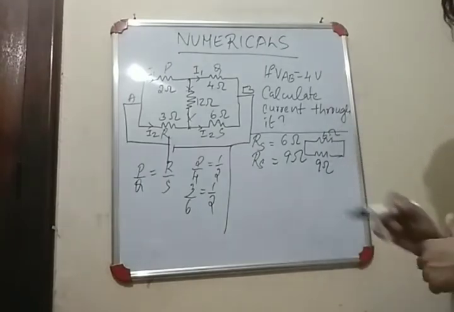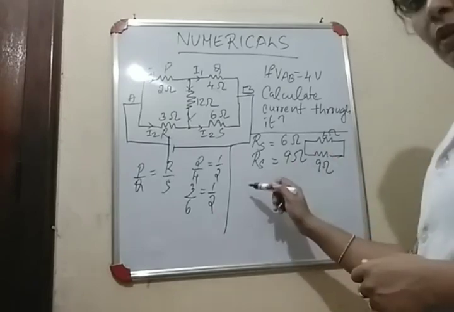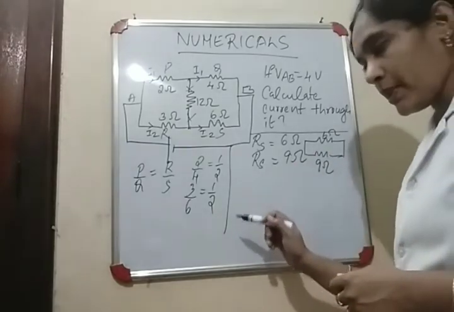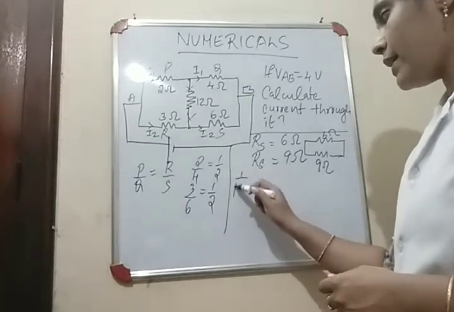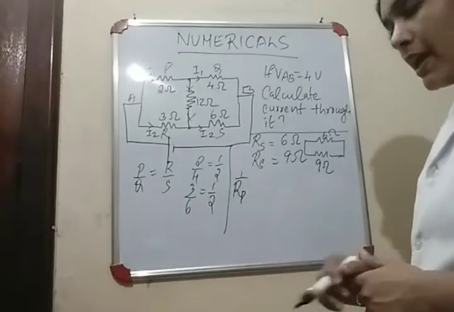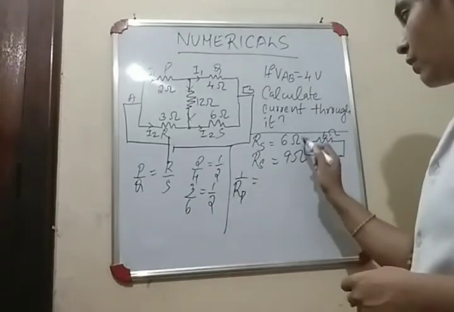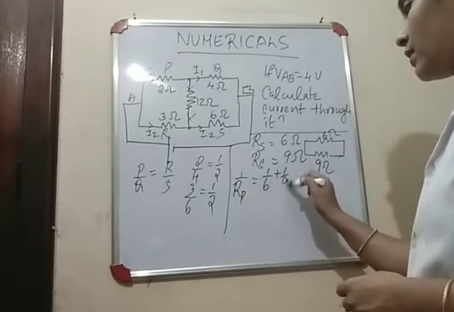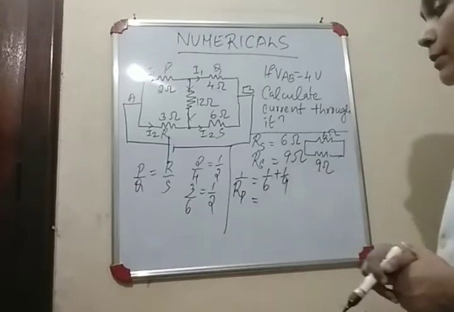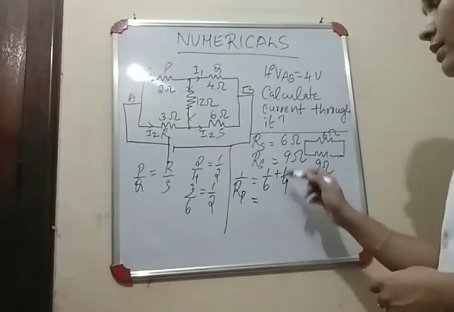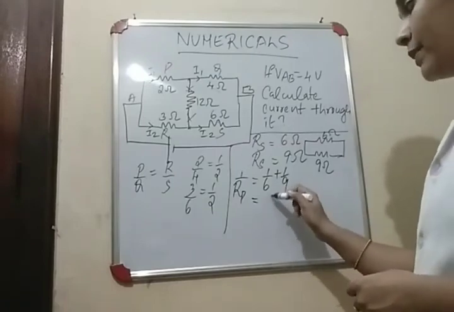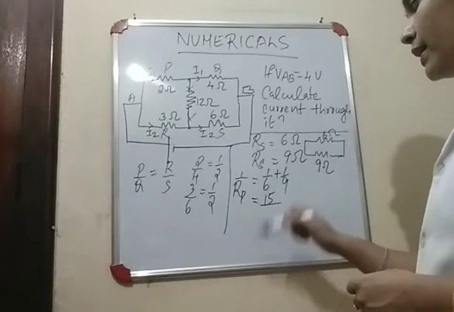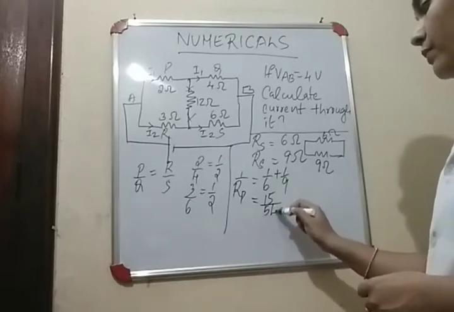So how will you solve the parallel combination? 1 by RP, RP means parallel, is equal to 1 by 6 plus 1 by 9. And what is 1 by 6 plus 1 by 9? It is equal to 9 plus 6, that is 15 by 54.